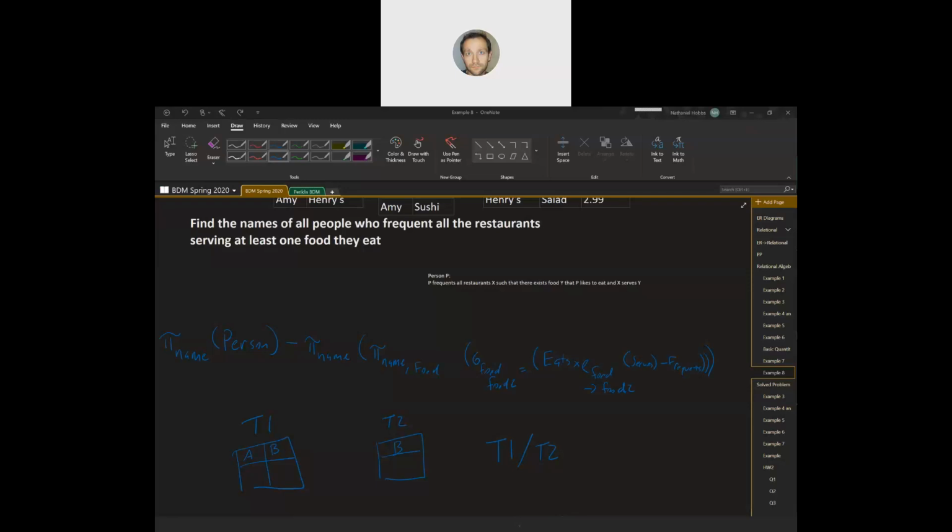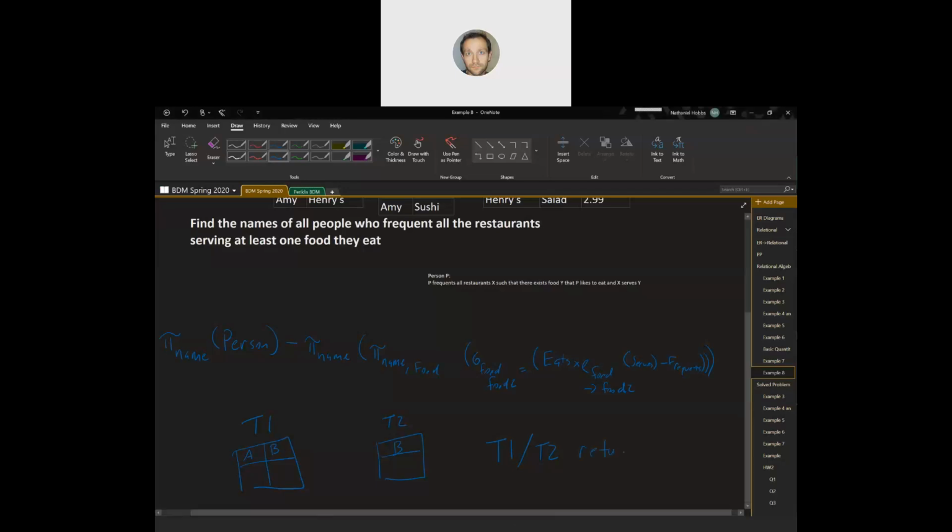So what this should return are all entries A such that T1 has an A, B for all B's in T2.